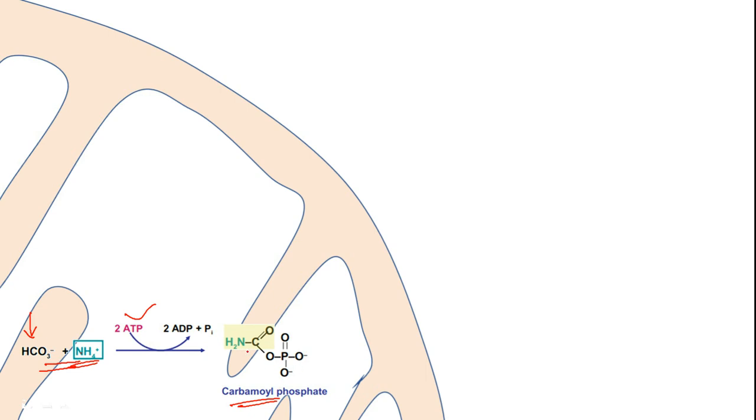If you closely observe carbamoyl phosphate, this part is carboxylic acid, this part is phosphoric acid. So that's the reason why this is a high energy compound. Approximately 45 kilojoules of energy will be there for this compound.